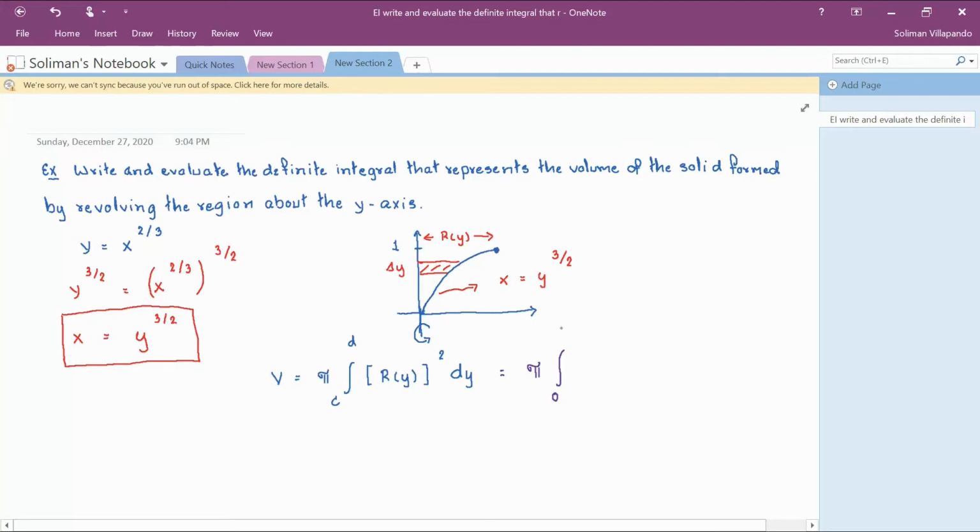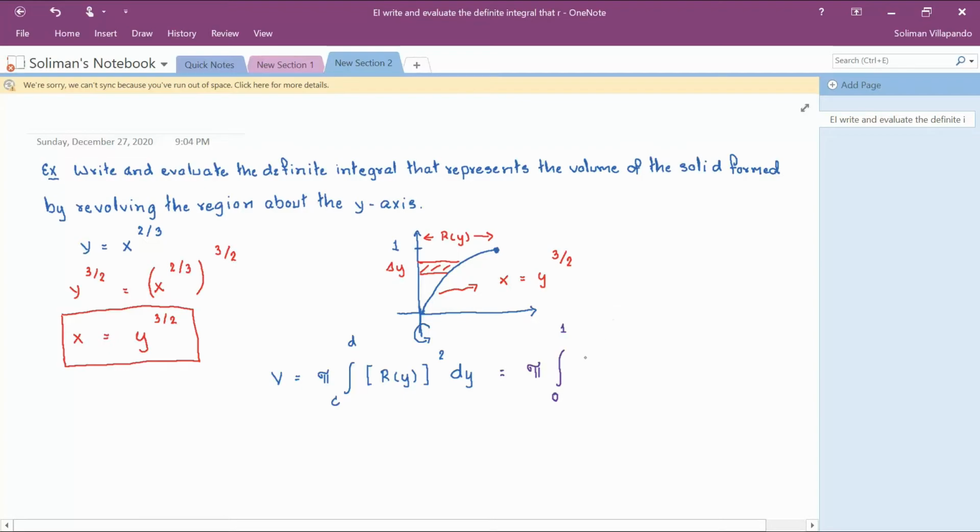My radius is the distance from the y-axis to the graph. It changes: it's smaller, bigger, bigger, and this is the longest one. The radius is the distance from the y-axis to the graph, or the red strip here.